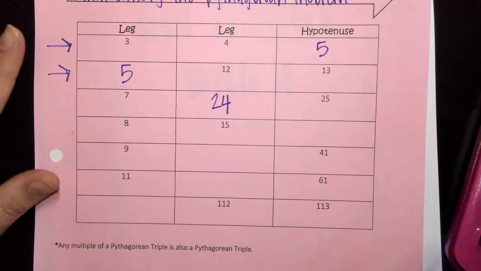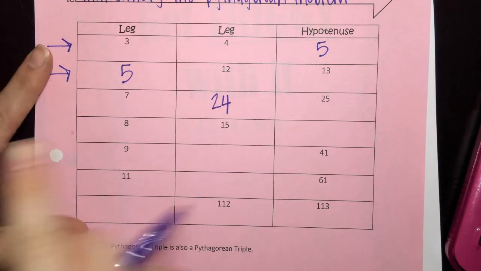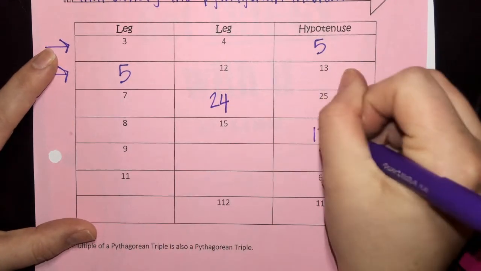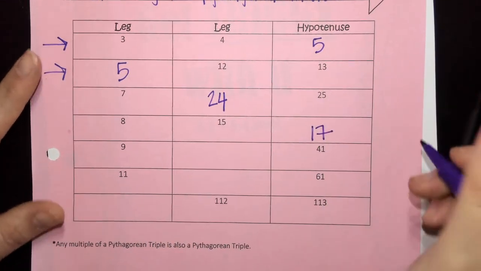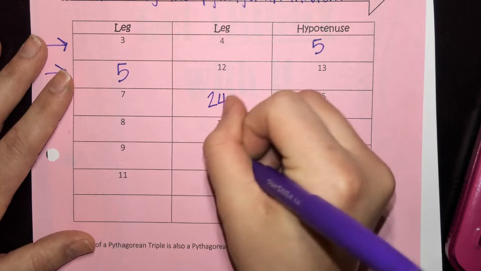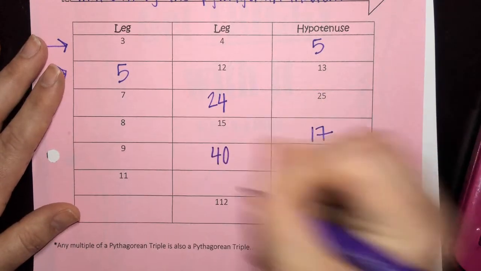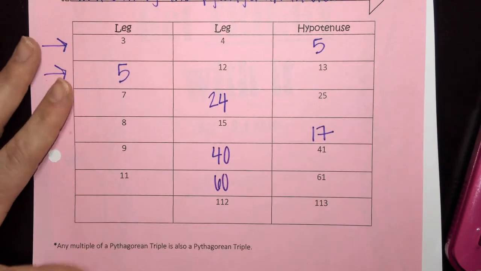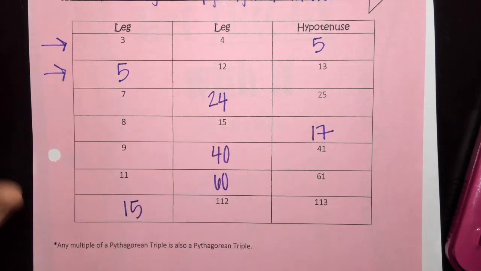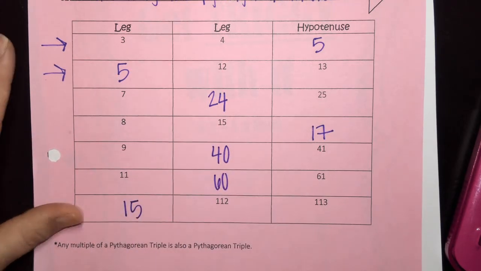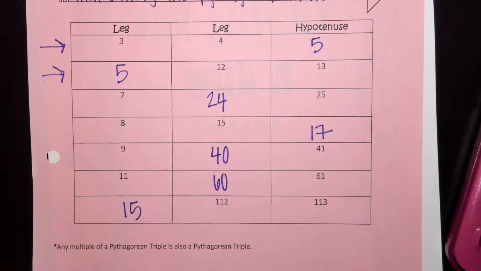Well, not necessarily back to back because this one is 8, 15, 17. But then you have 9, 40, 41, and 11, 60, 61, and 15, 112, 113. So close beside this one. So most of the time, yes.